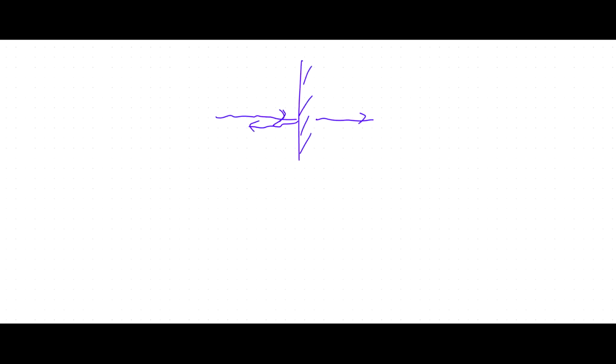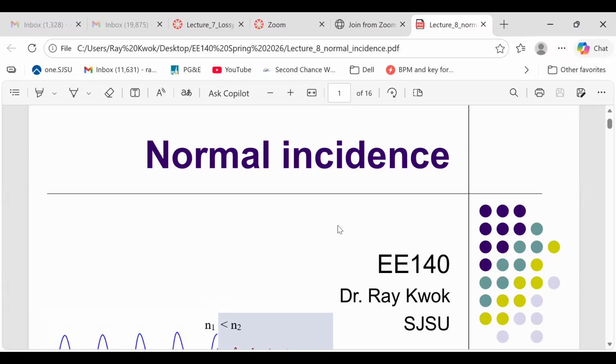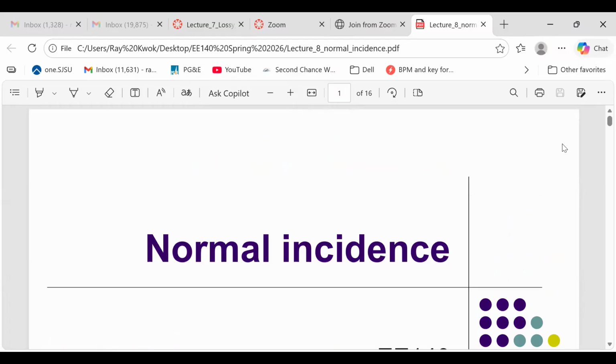All right, so allow me to pull that up. How do I use full screen?